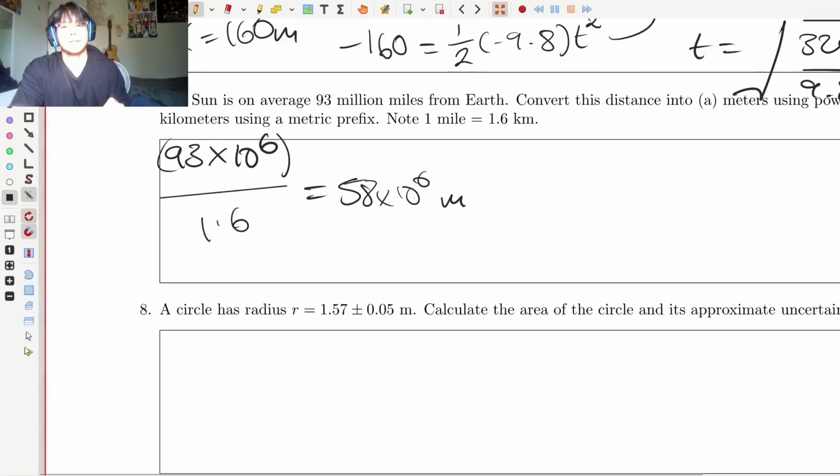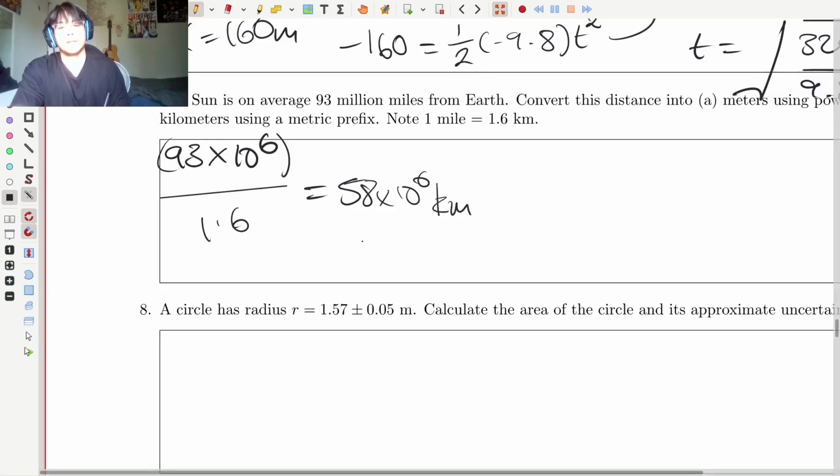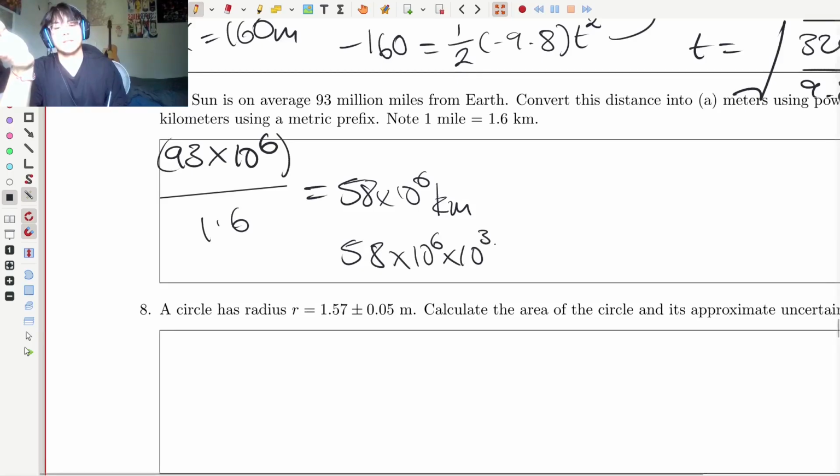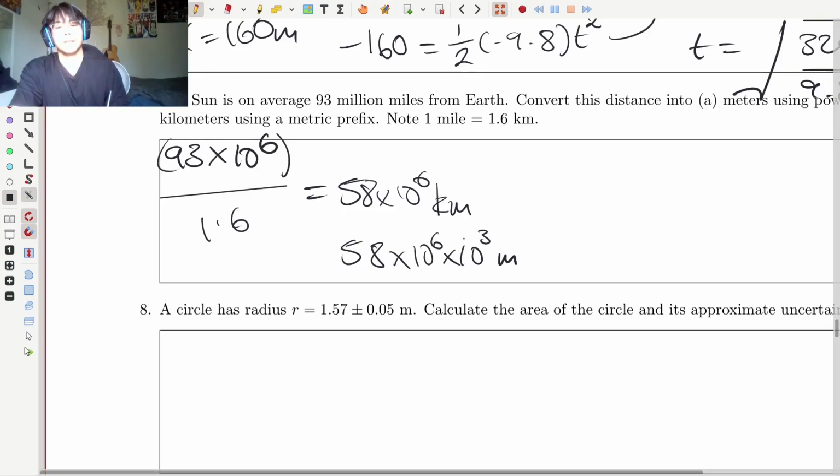Right, no. This is kilometers. So then, because there's 1,000 meters in a kilometer, this becomes 58 times 10 to the 6 times 10 to the 3 meters, because by the index rules again, these add, so this just becomes 10 to the 9 meters.